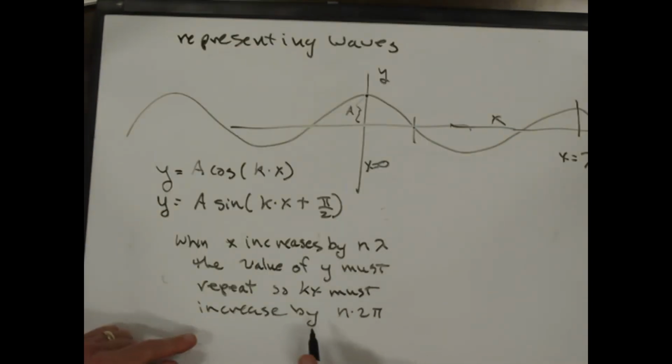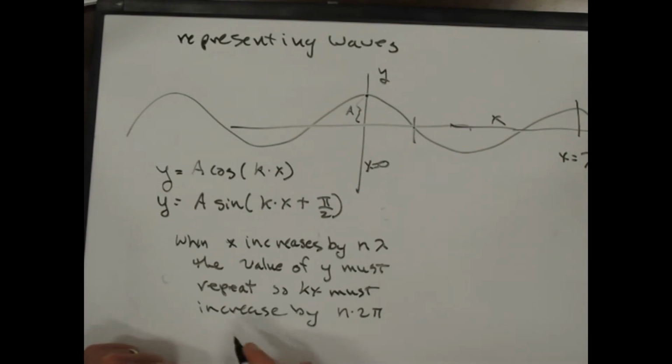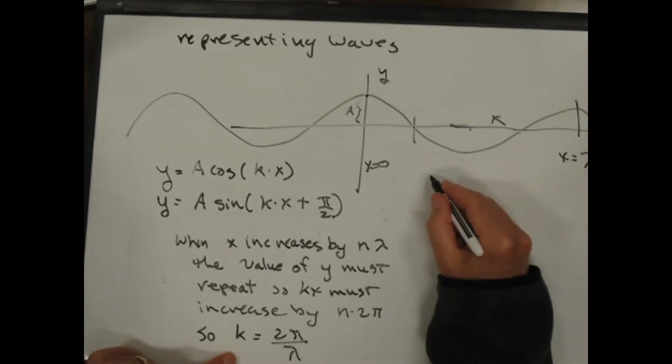And so my argument, k times x, must have gone up by 3 times 2 pi. And so this means k must be equal to 2 pi over the wavelength.